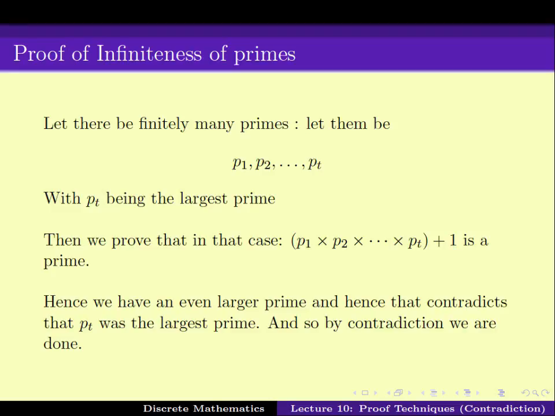So this is a typical proof by contradiction, where we start by assuming that the statement we have to prove is not true, and we work our way through, and at the end prove that it contradicts something. Either it contradicts what we are assuming, or it contradicts something that we know, and so on and so forth.